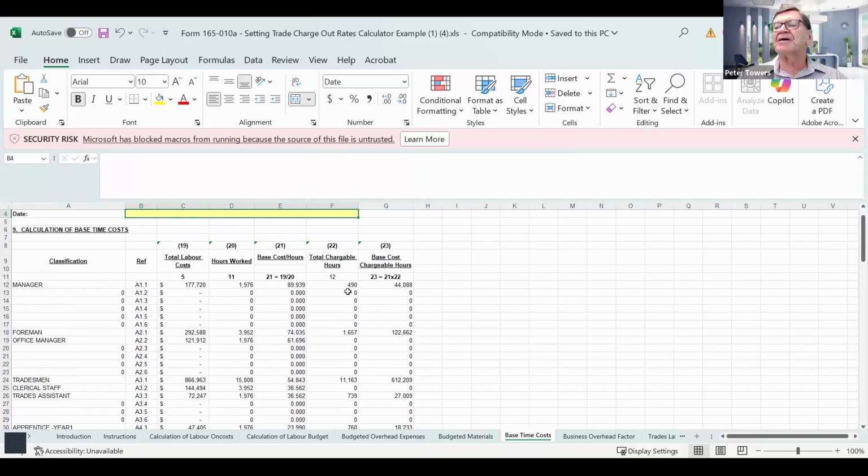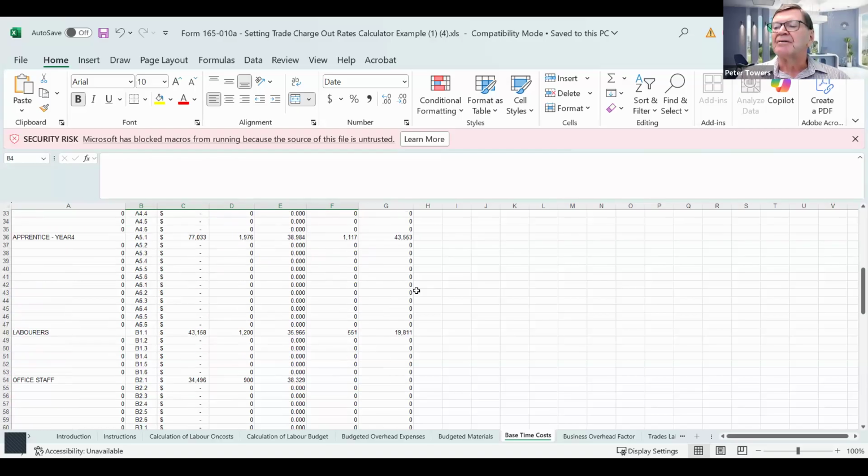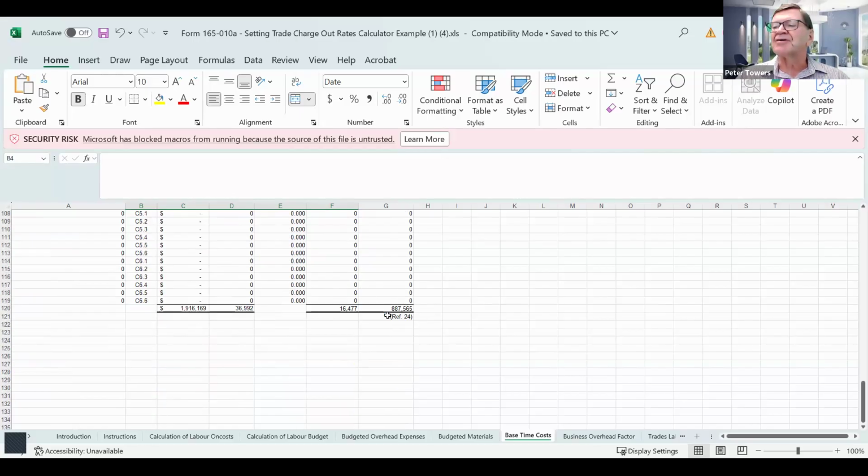That's multiplied by the number of hours, and this is a mathematical calculation to determine the base cost chargeable hours. And it flows through to the system. It's only putting figures across when people are being charged out. So the total figures there is really just part of the calculations.